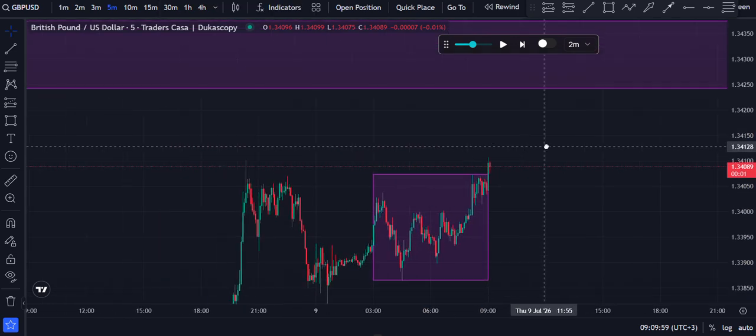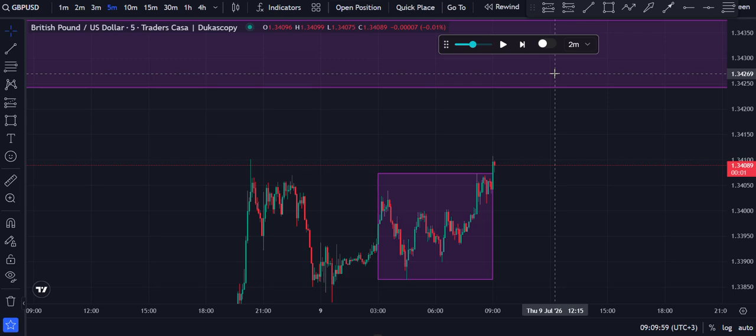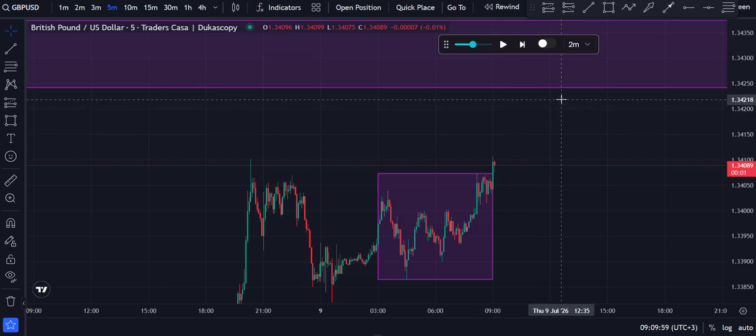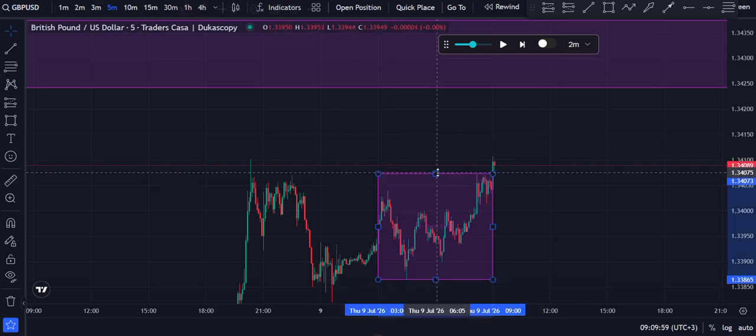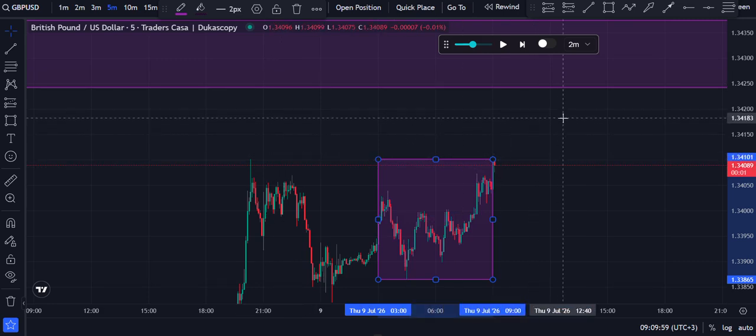So if it could give us a sweep, the trade idea was that if the market breaks and gives us a push into this zone, it will have swept liquidity, first of all this high, the Asian session high, then into this zone.